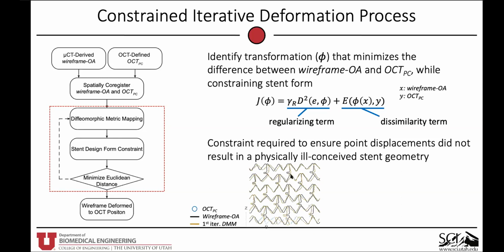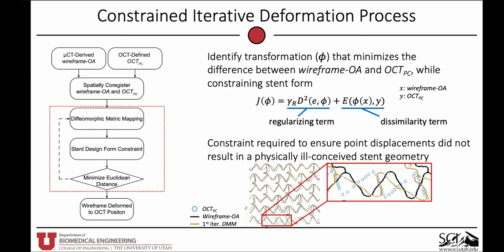Black here is the initial wireframe, and gold is the first iteration of that DMM. Without constraining it, you can get significant deformations that are really unrealistic. For example, you can see these stent links actually stretch quite a bit. Now, these are primarily made out of stainless steel, and we know they're not going to deform in that way, right? And so what we did is we constrained the length of these stents.